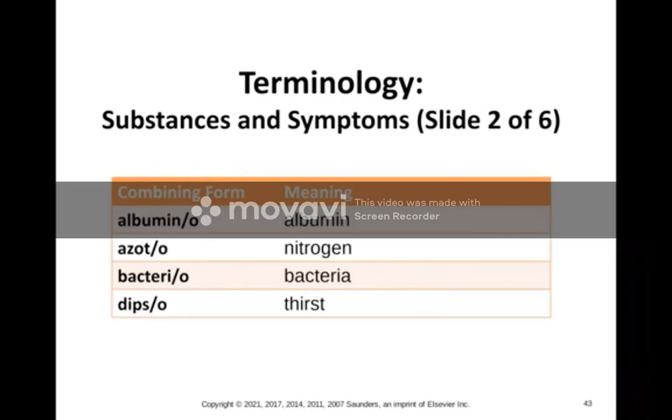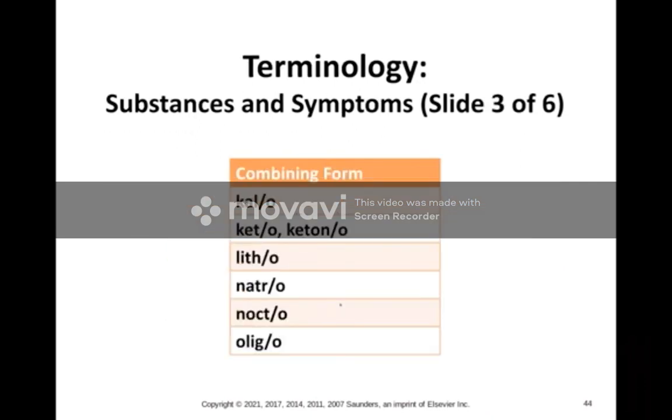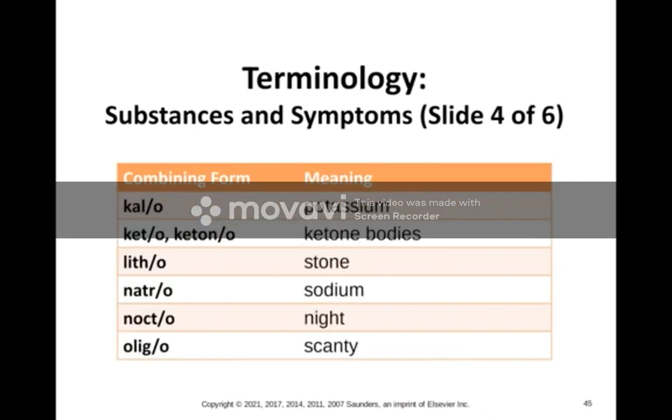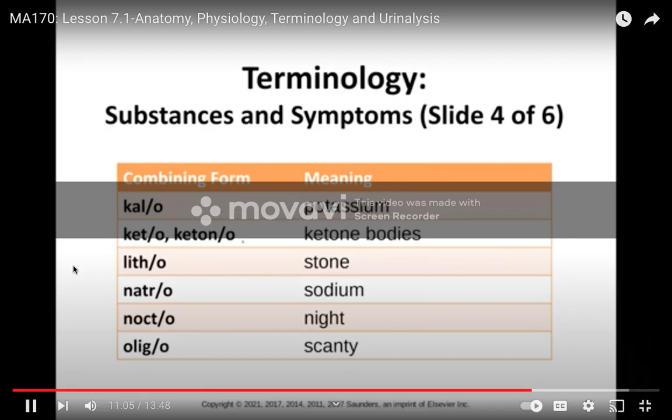Here's our substances and symptoms. Albumin, azot or azoto, pertaining to nitrogen. Bacteria or bacterio, bacteria. Dips or dipso, meaning thirst. Kal or kalo is potassium.